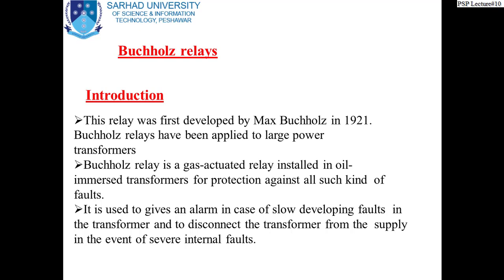But in general, we can say that transformers have three categories: low power, middle power, and of course high power. The low power is protected by fuses. The middle range is protected by overcurrent relays, and the high range is protected by differential relay.